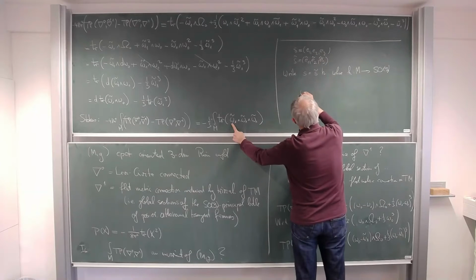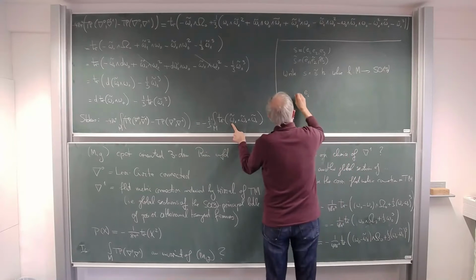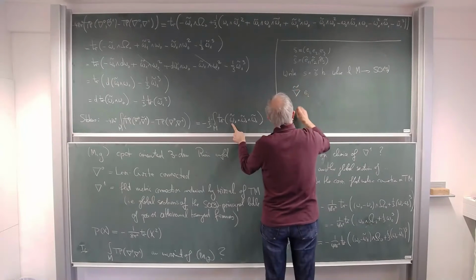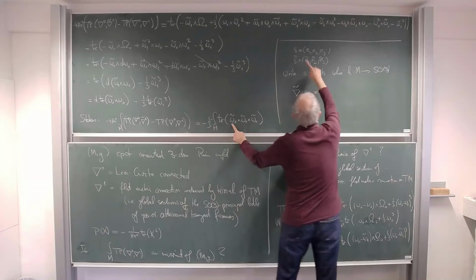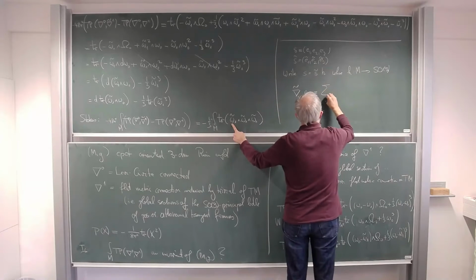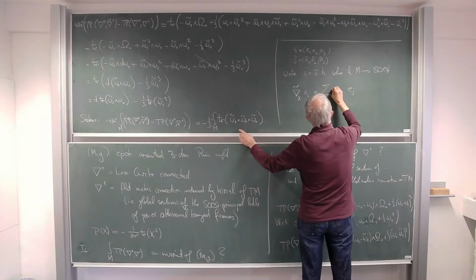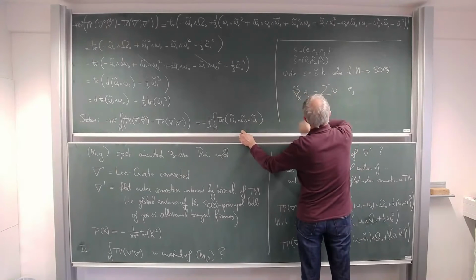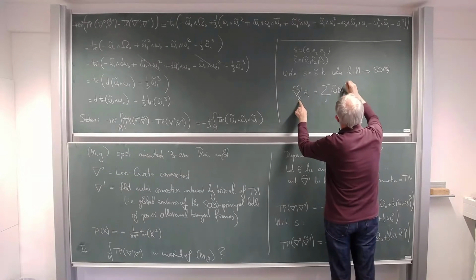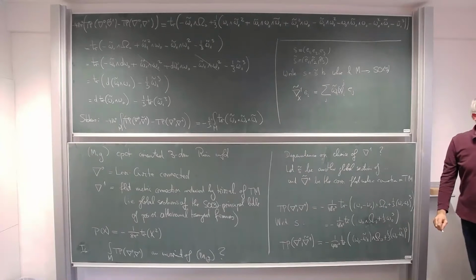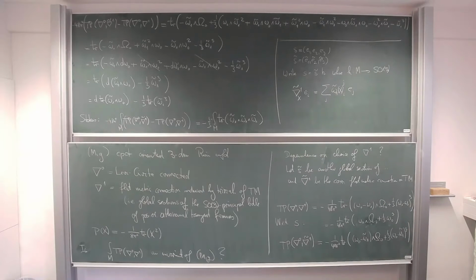So I have to take E_i, differentiate it with respect to the tilted connection in some direction, and then express the result again in the same frame, E_j, and the coefficient functions are then the connection forms for this connection evaluated on X with the entries ij. So this was the definition of connection.